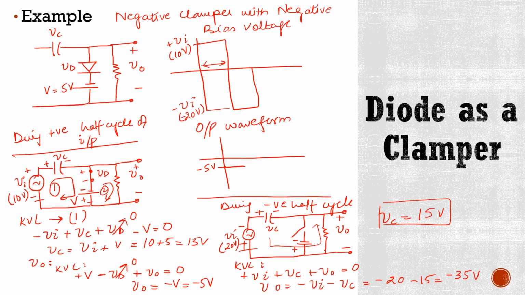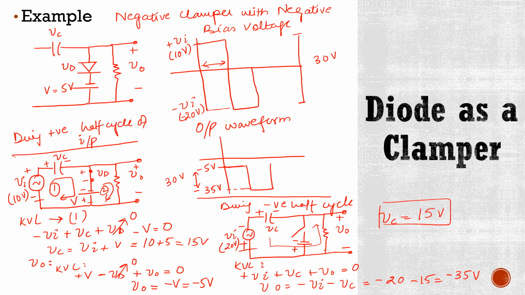Okay, it means during this negative half cycle, signal is minus 35 volts. So again here peak to peak amplitude of this input signal is 30 volts, and in this output signal this peak to peak amplitude is also 30 volts.